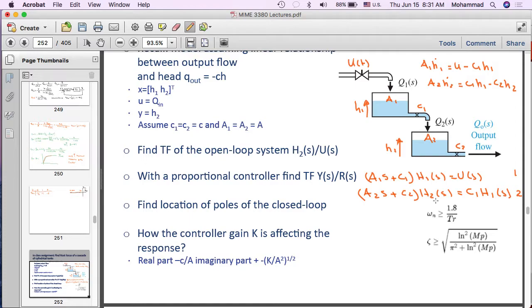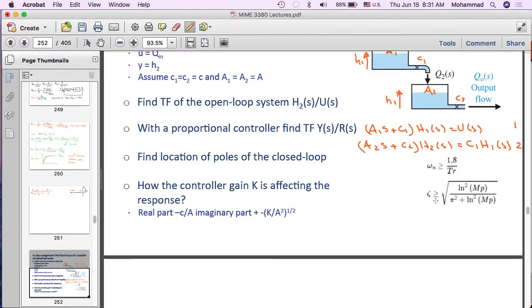If we rewrite the second equation, (A2 s plus C2) times H2(s) is equal to C1 times H1, and for H1 we substitute from the top equation, H1 equals U(s) divided by (A1 s plus C1).